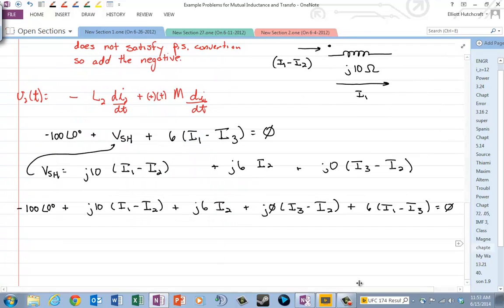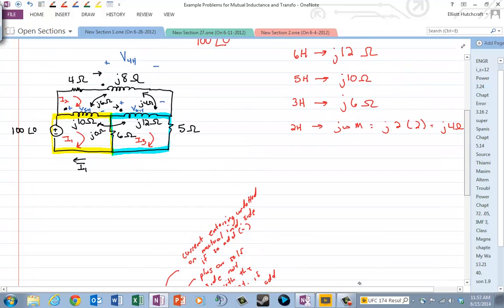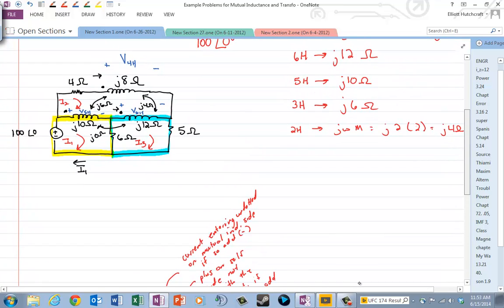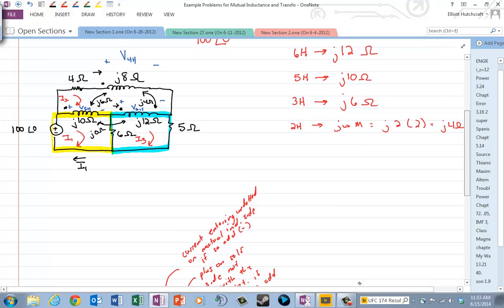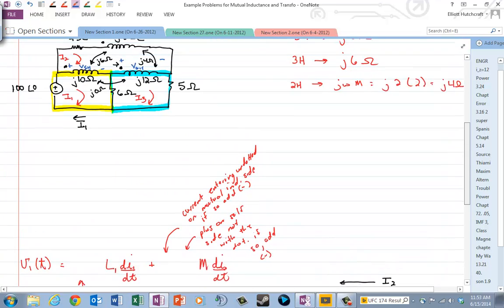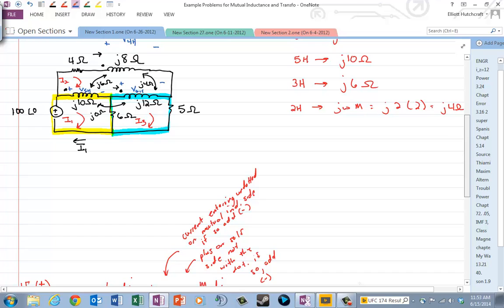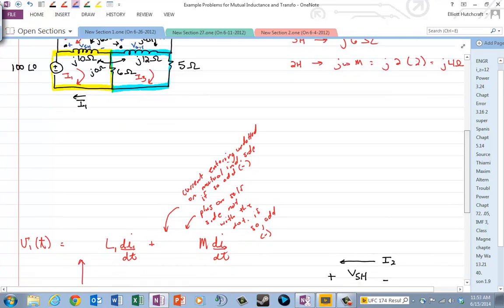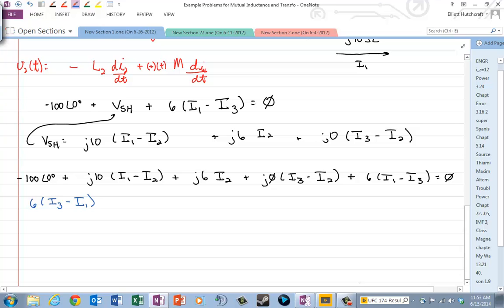When I do that, I'll have the 6 ohm, and the current going up through that 6 ohm is going to be I3 minus I1, so 6 times I3 minus I1. Okay, the next step: notice I labeled the plus of that V6 Henry with the dot of that 12 ohm intentionally. That's what you should do, and I'm just going to call it V6H and then back substitute it in.